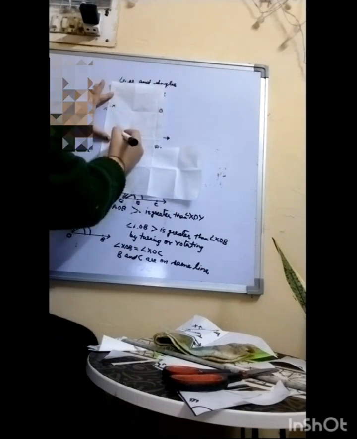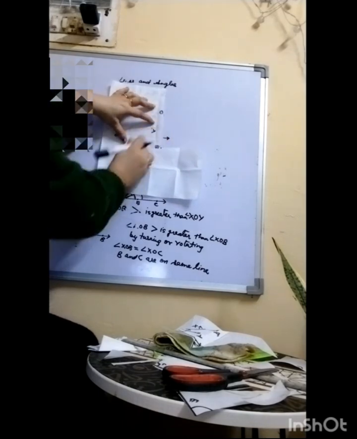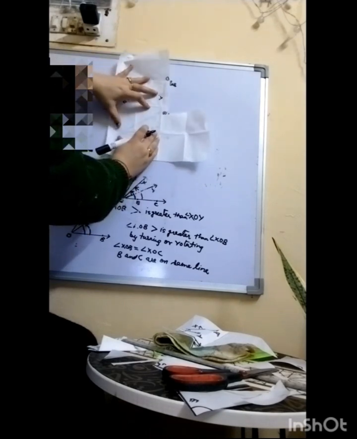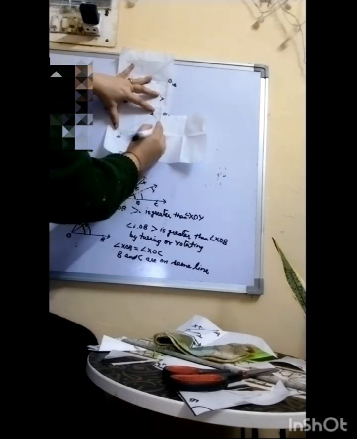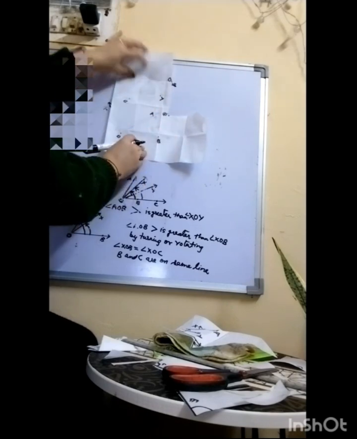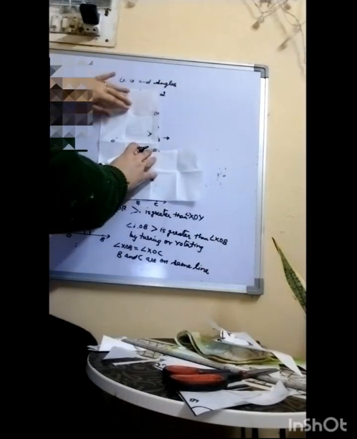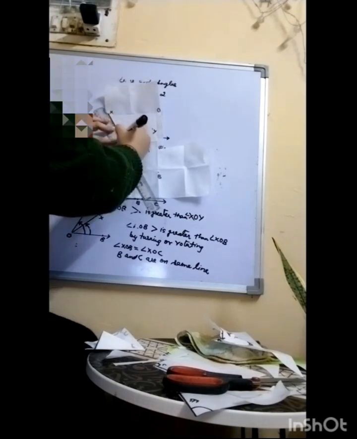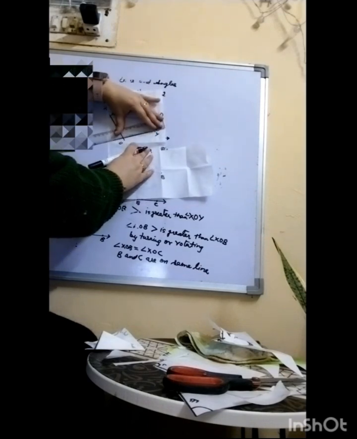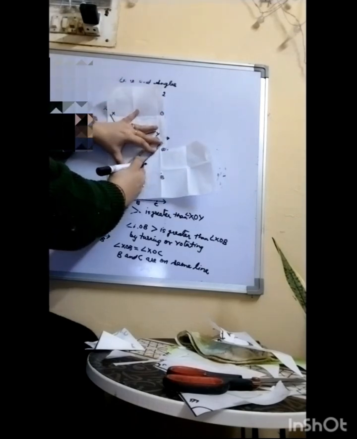This is X, this is O, and this is Y. And in the other place we would measure A, O and B. Now we would draw the angles over the tracing paper. XOY and AOB.